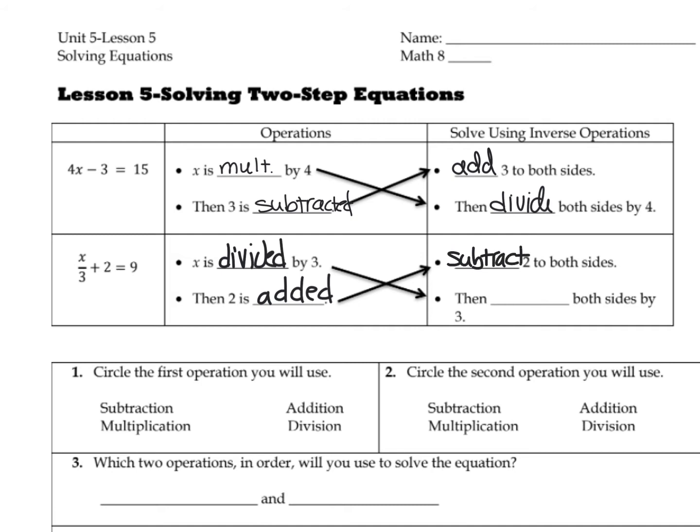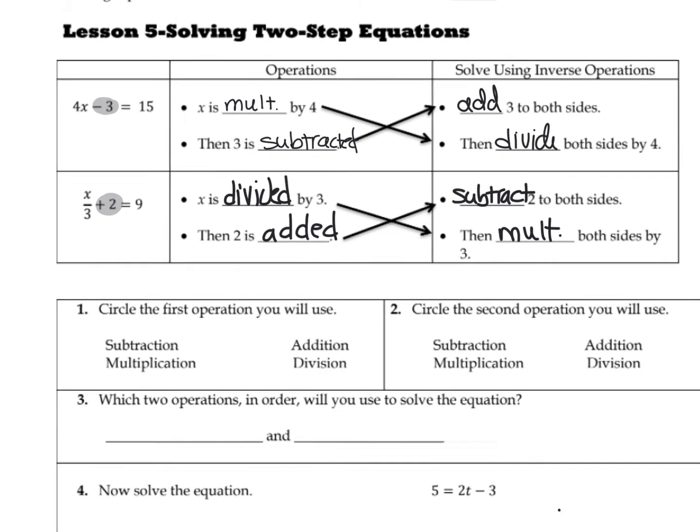And then instead of dividing by 3, we're going to multiply by 3. So in each of these equations, we started with that plain number that was being added or subtracted before we moved on to any multiplication and division, and that's really important.